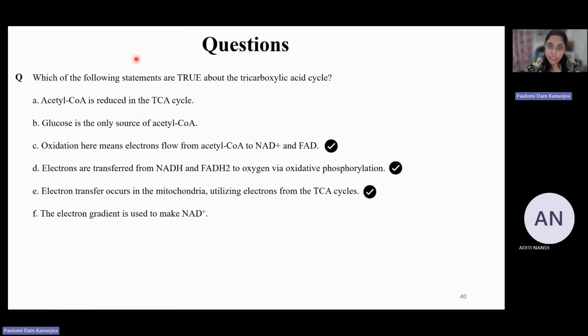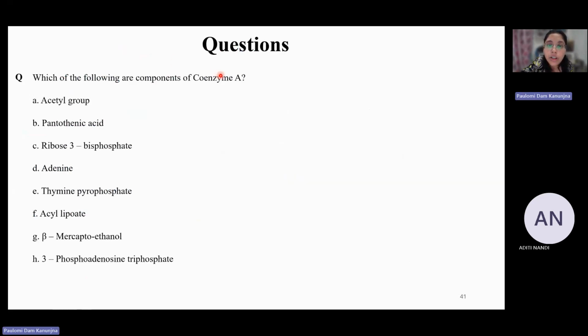Okay, next. Which of the following are the components of coenzyme A?